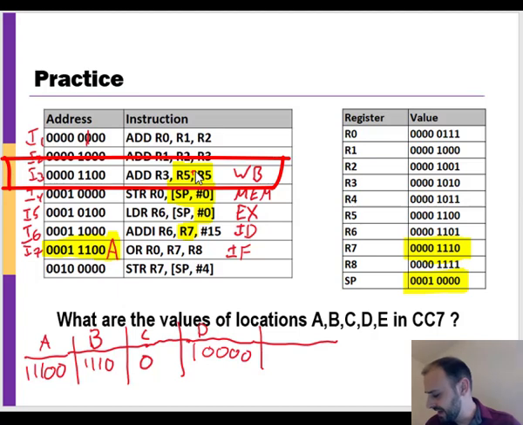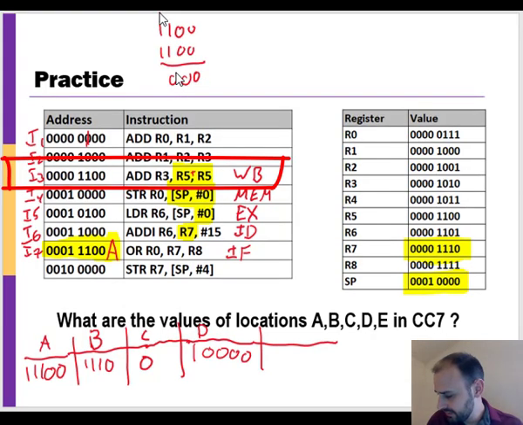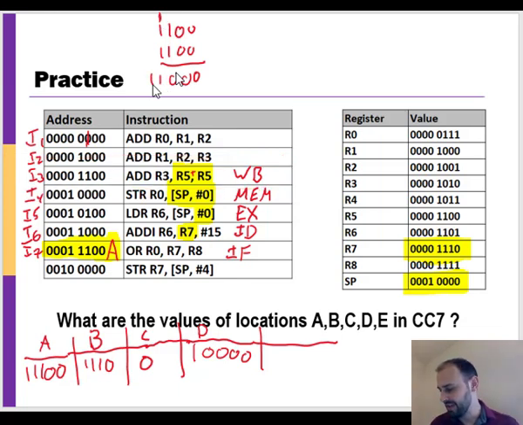R5 plus R5, so R5 is 1100. You can just quickly do that out. We got our 1100, 1100. Okay, so we have that as our value that we're going to be writing, and that's our answer to this problem.